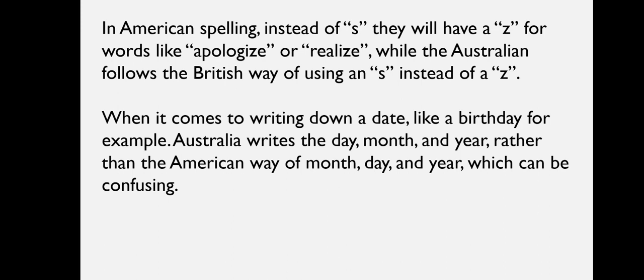In American spelling, instead of an S, they will have a Z for words like apologize or realize, while Australian follows the British way of using an S instead of a Z. When it comes to writing down a date, like a birthday for example, Australia writes the day, month, and year rather than the American way of month, day, and year, which can be confusing.